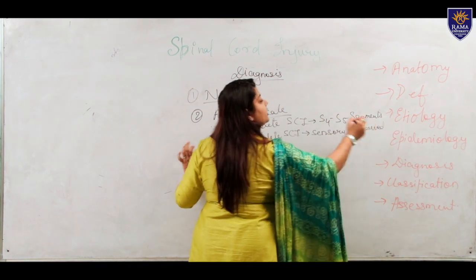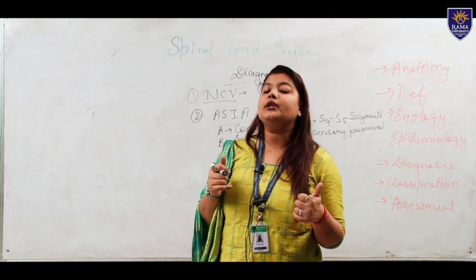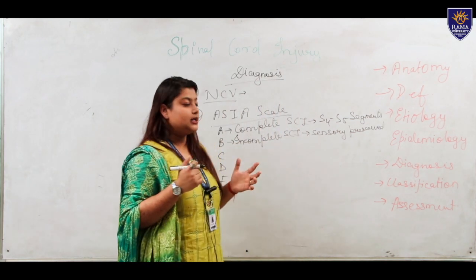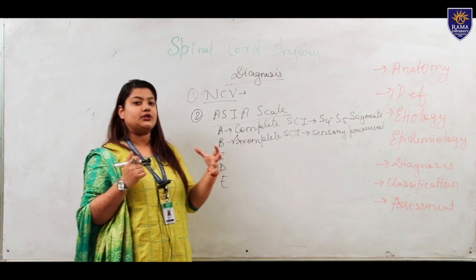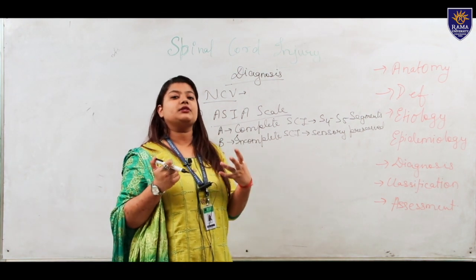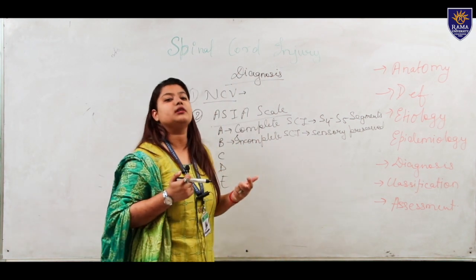While studying the nervous system, we study 2 components, the sensory component and the motor component. So basically, the ASIA scale categorizes the patient according to their sensory and motor preservation, or sensory and motor dysfunctions.